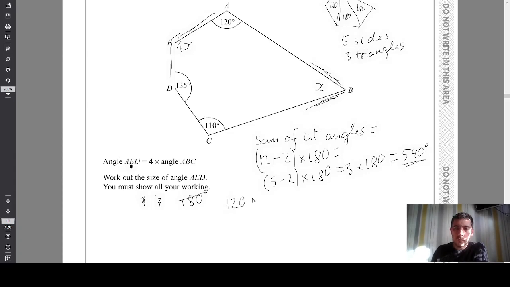120 plus, so that angle's done, and plus 4x, that angle's done, plus 135 degrees, that angle's done, and a couple more to go, so 110.